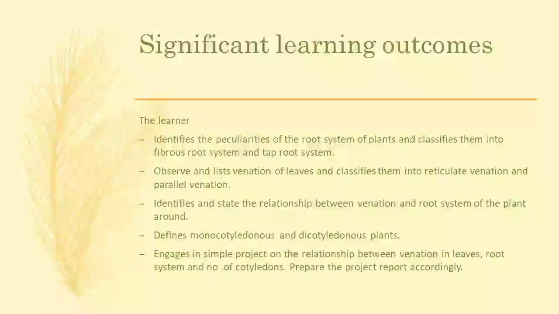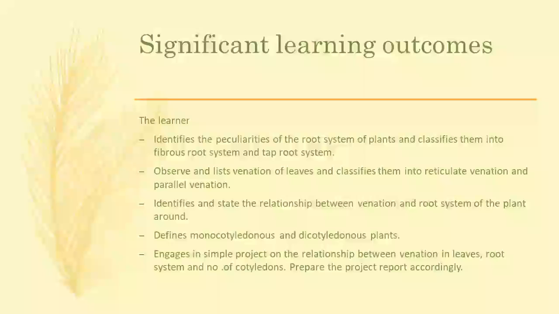Now let's see what you have learned. The learner identifies the peculiarities of root system of plants and classifies them into fibrous root system and tap root system. Observes and lists venation of leaves and classifies them into reticulate venation and parallel venation.